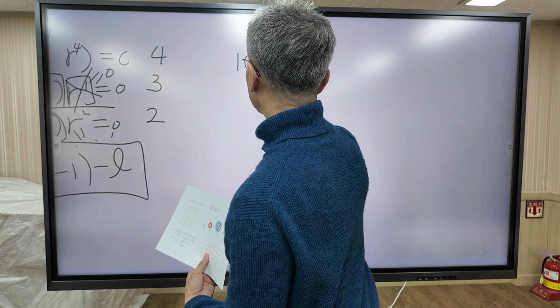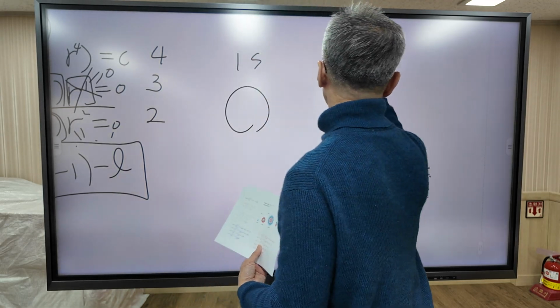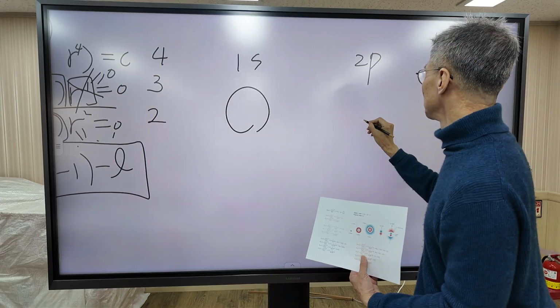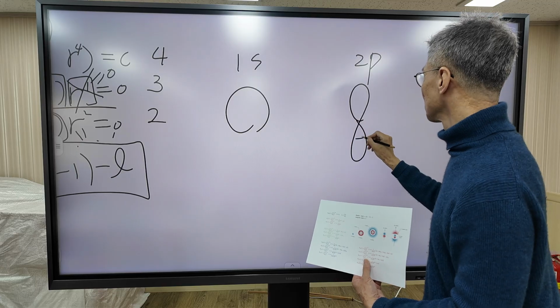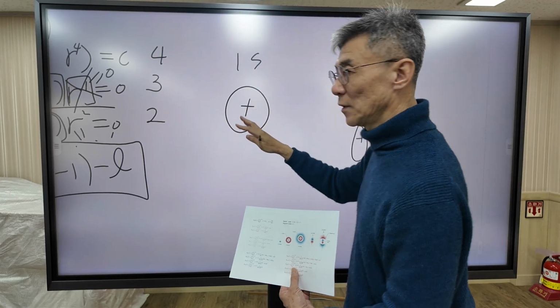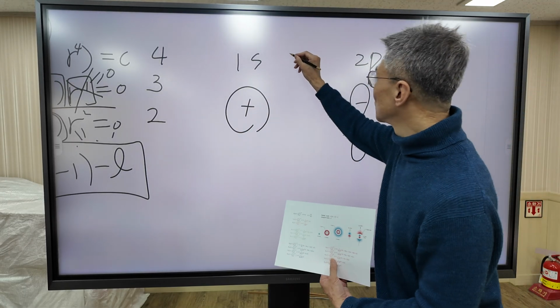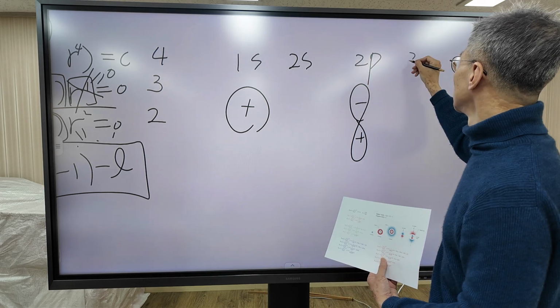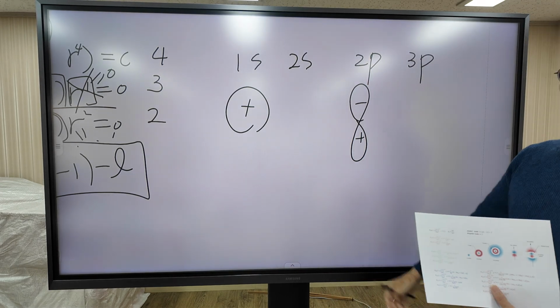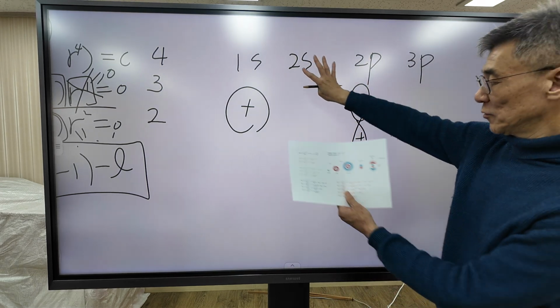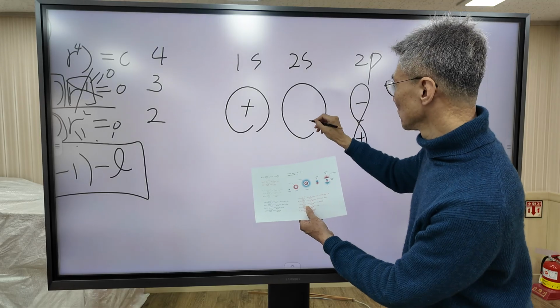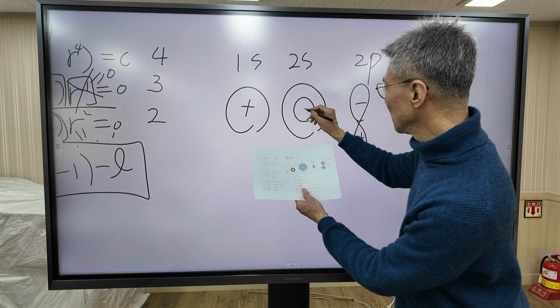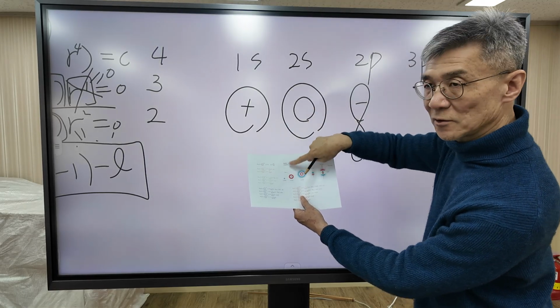You are familiar with 1s orbital and 2p orbital. But how about 2s orbital and 3p orbital? The shape of 2s orbital, this is color change.